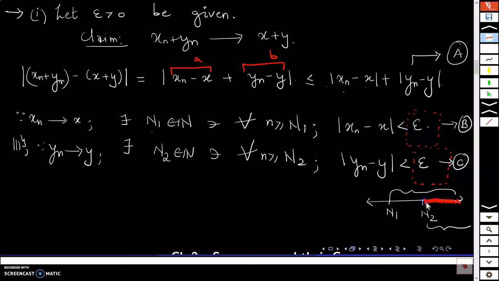Here, n2 is the maximum in this picture. Okay. So what I will do, I will choose, let's say, capital N to be the maximum of n1 and n2. Okay. So for this capital N now, which is the maximum of both these natural numbers, B as well as C will work, right? Therefore, mod xn minus x will be less than epsilon.